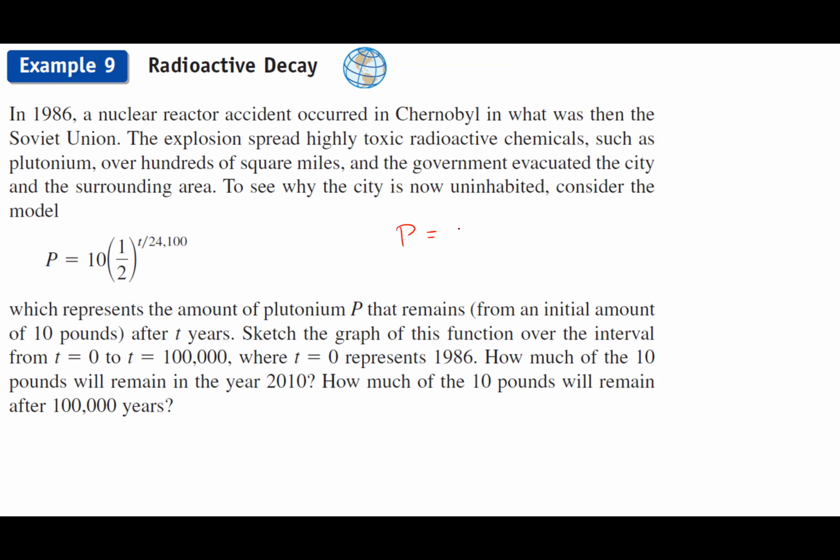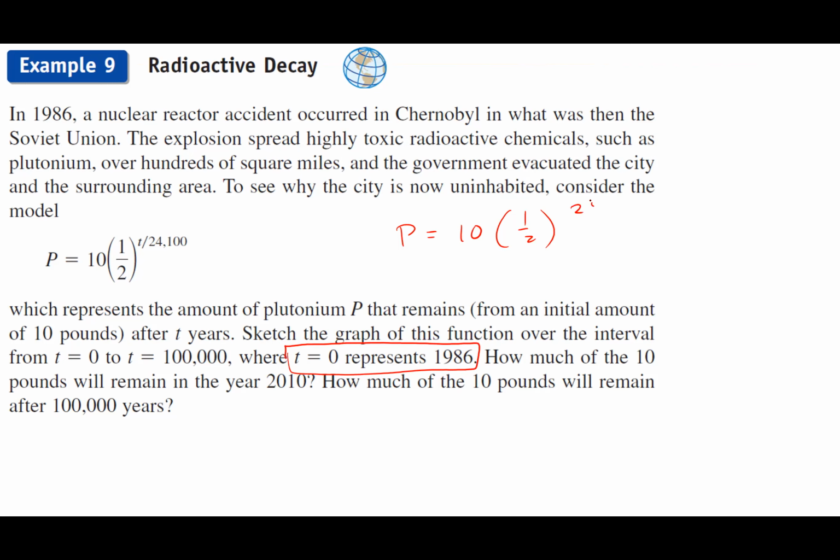So let's go with it here. So 10 pounds, 1/2. If we start off the year 0 as 1986, what's 2010 going to be? 24, yeah, 24.